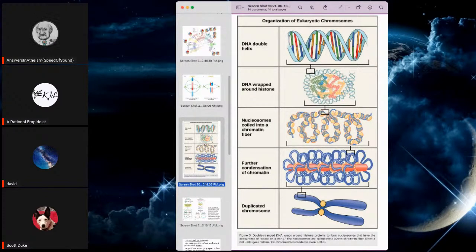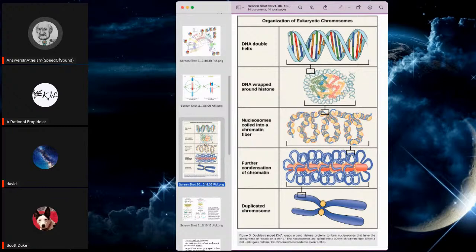So here's the other part. You've got the double-stranded DNA, and it wraps around something called histones. Histones consist of, I think, nine proteins, but you don't have to worry about that. Just call it a histone. It's like a particle that looks like a little barrel.